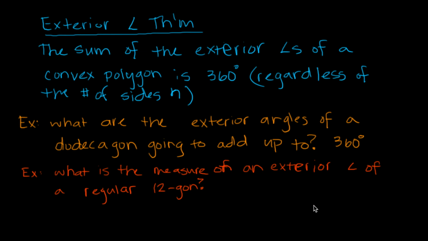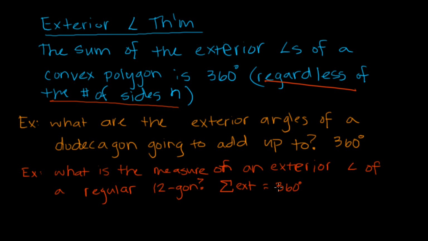Now, since we know that this is a regular twelvegon, we know that there are 12 angles that are all the same, but because we're talking about the exterior angles, we know that the sum of the exterior angles is going to equal 360 every single time. Remember, that's what this theorem up here says. Regardless of the number of sides, it's always going to add up to 360 on the outside.